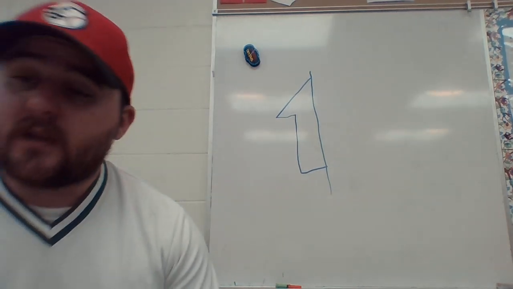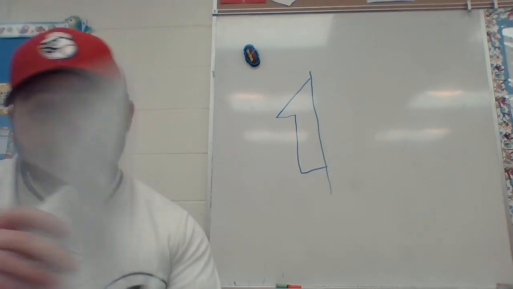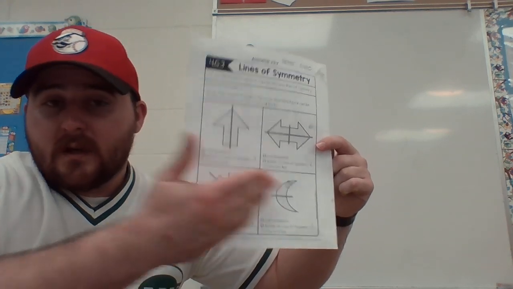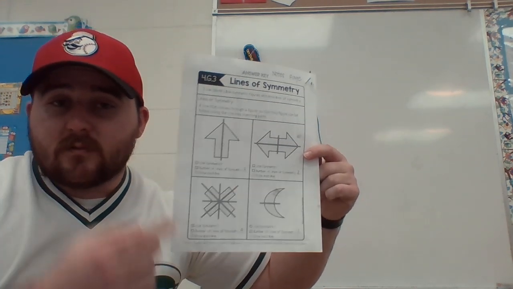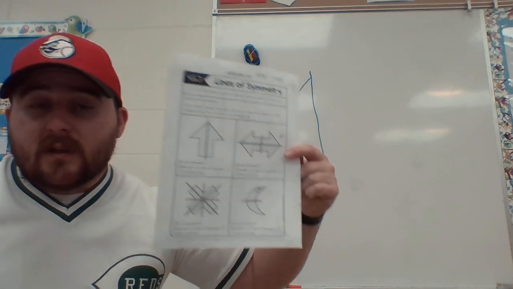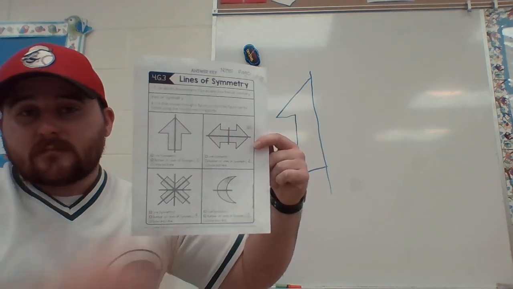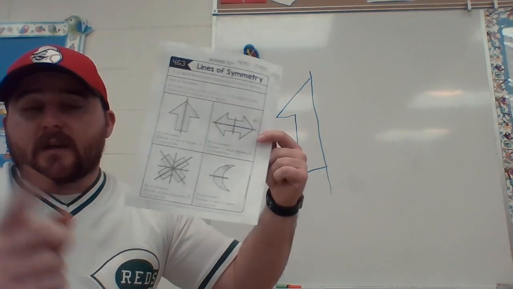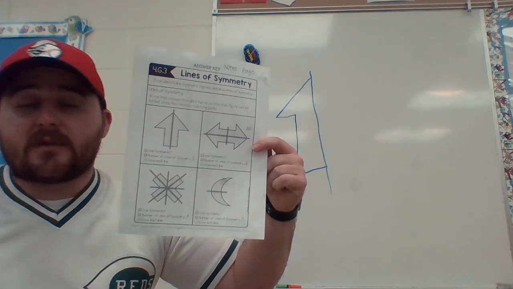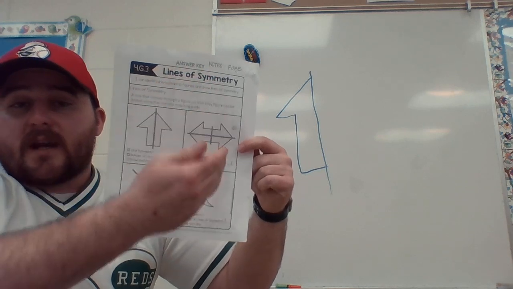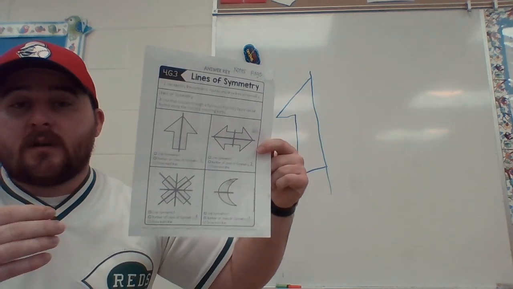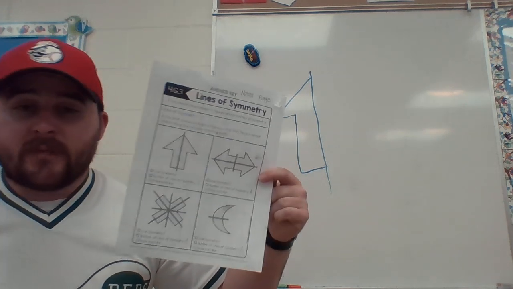And you have a notes page which looks like this that Ms. Chang included. It's a very helpful resource. It shows you the different ways of lines of symmetry. There's the arrow that I just showed. You have a double arrow where you could fold it either way, so you have 2 lines of symmetry there. You could fold it down the middle and flip it, or come across the middle and flip it down.